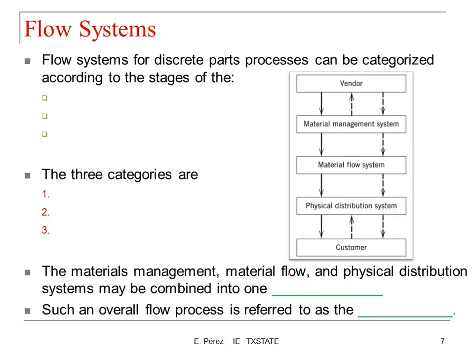Flow systems for the discrete parts process can be categorized according to the stages of the supply, manufacture, and distribution cycle.